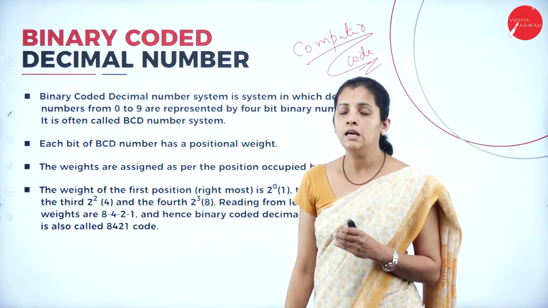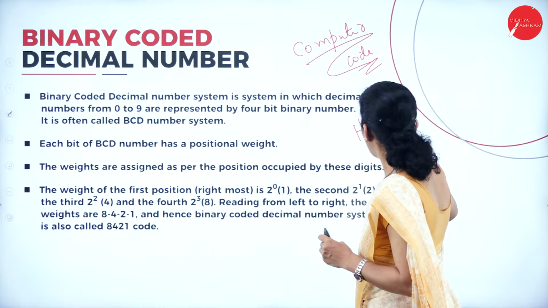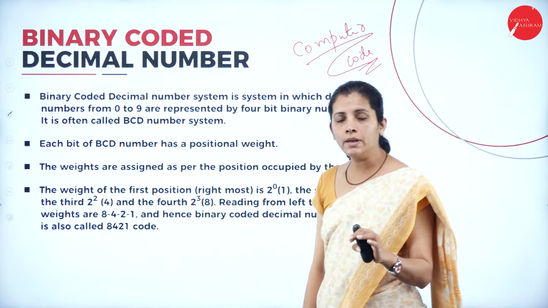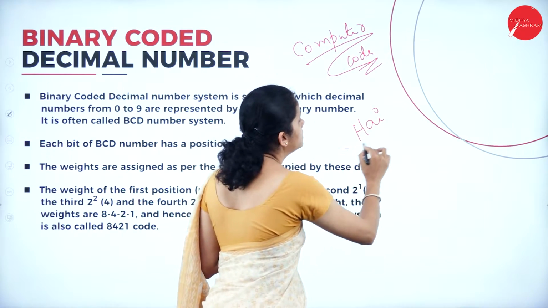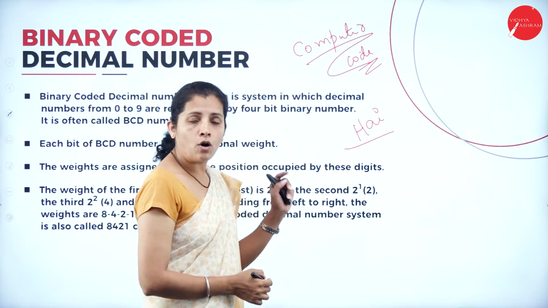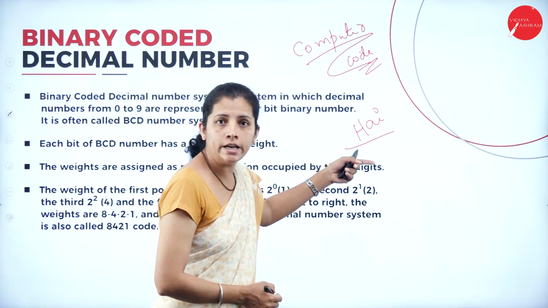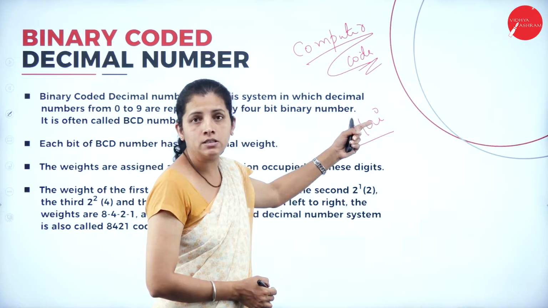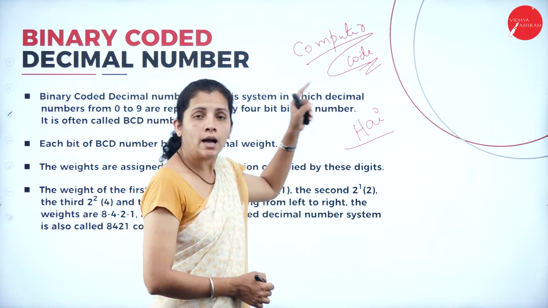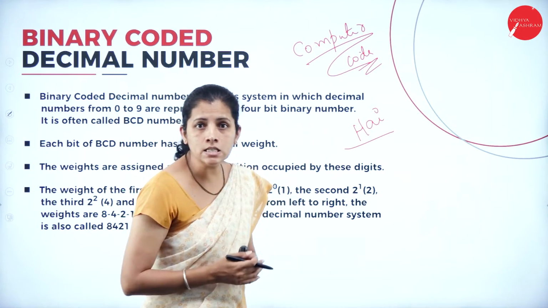For example, think that I am going to type hi. Now tell me how the computer is going to understand this is hi, because when I press H, that H is converted into ASCII code. Then that is given to the computer system so that the computer can understand which letter is typed.